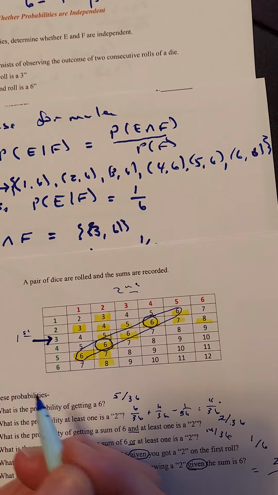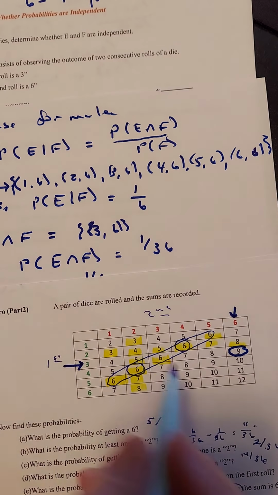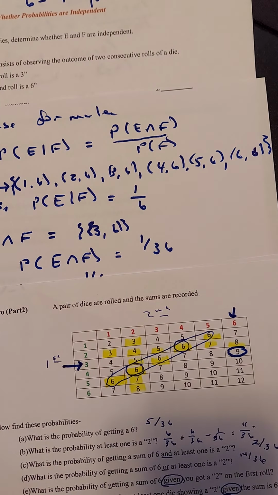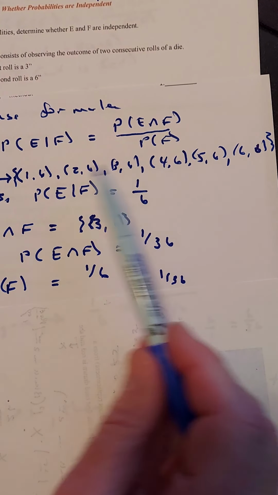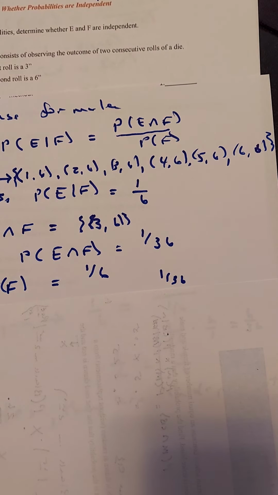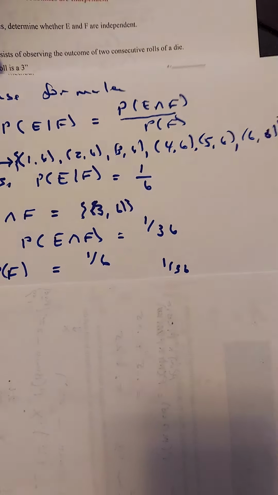That means we've only got 1 out of 36. So that 1 out of 36 is where that probability comes from. And then the probability of F was any of these 6 out of the 36, so that's 1/6.